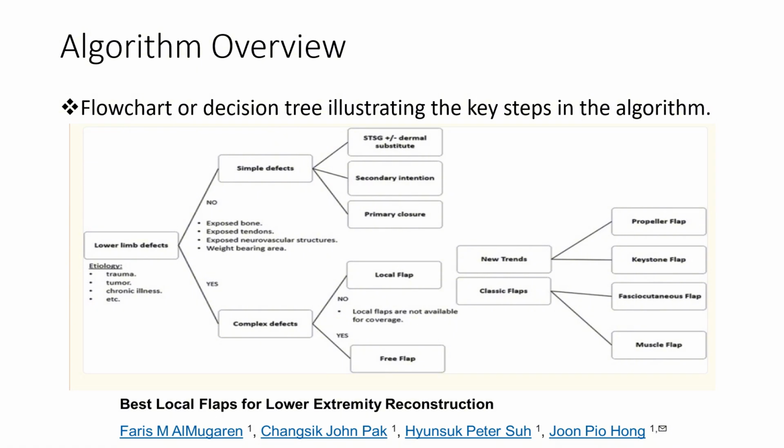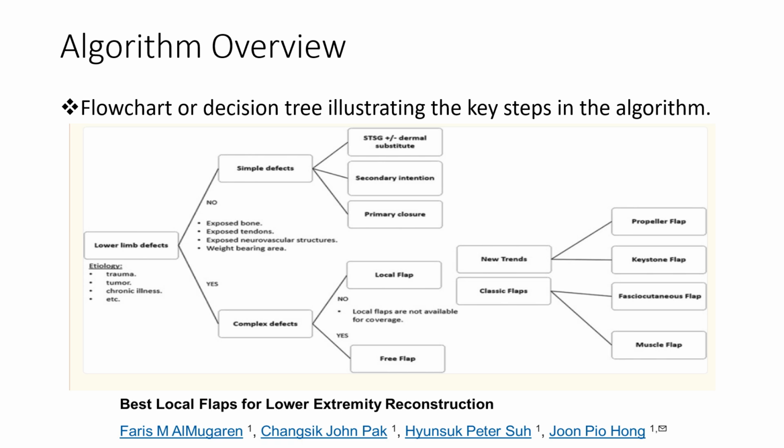Options for simple defect coverage could be a split thickness skin graft, or a simple dermal substitute, or you can leave it to heal by itself by secondary intention, or a simple primary closure can suffice.